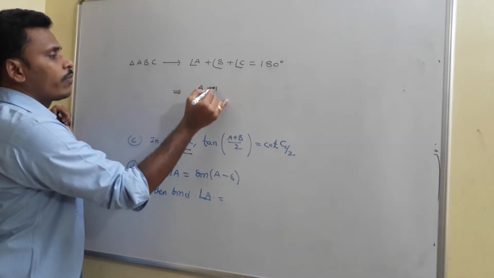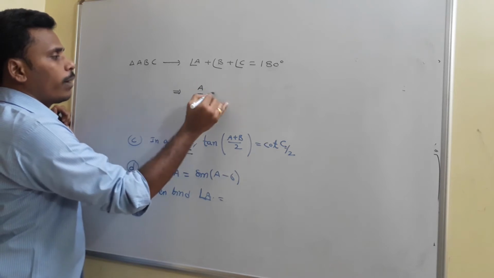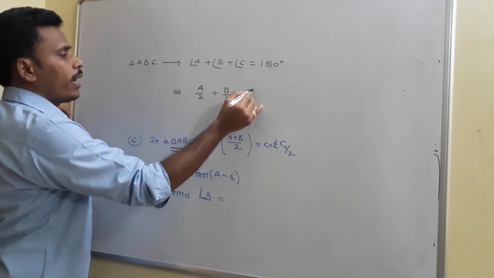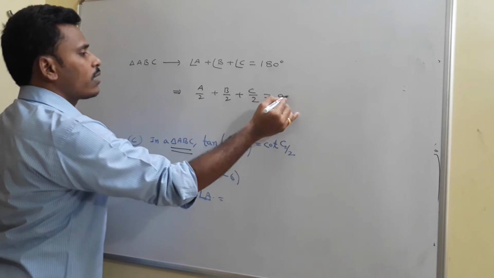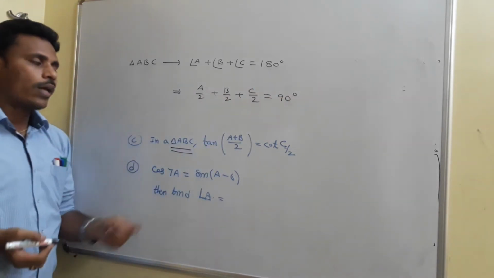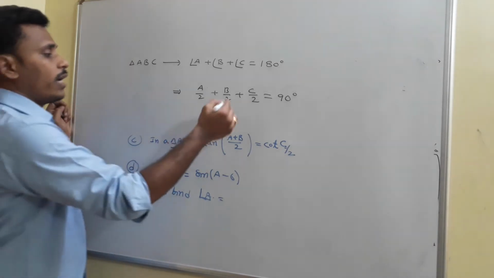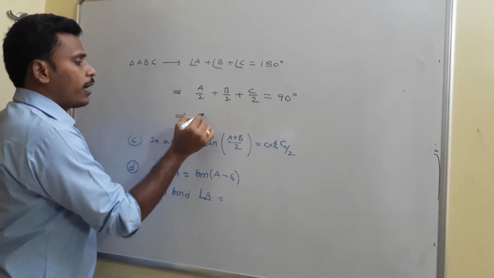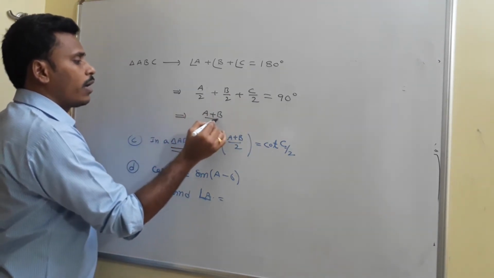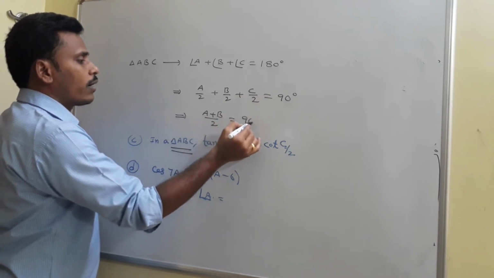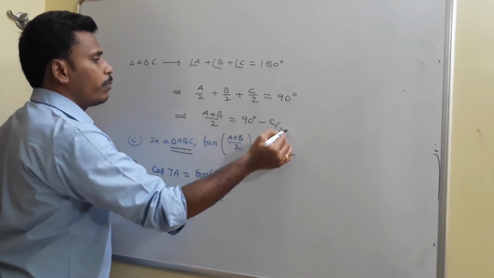You will get A by 2 plus B by 2 plus C by 2 is 90 degrees. Now one side I have (A plus B) by 2 and the other side I have C by 2. So send that C by 2 to that side. Then it becomes (A plus B) by 2 is equal to 90 degrees minus C by 2.